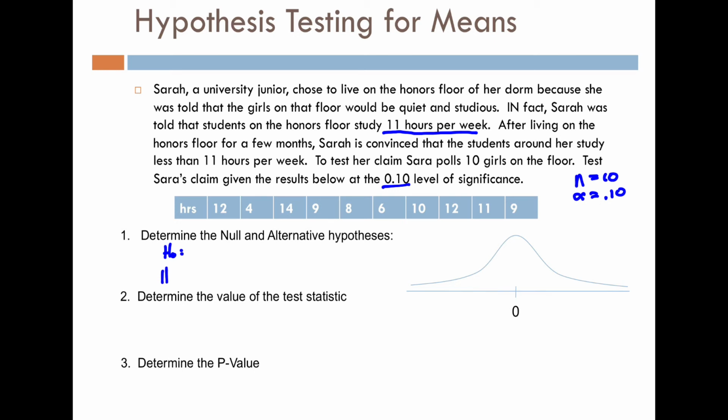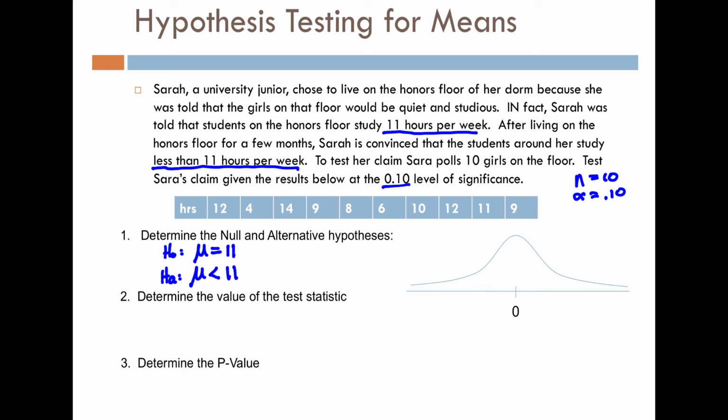Our null states that, again, if we just always stick with equals, all we have to do is identify the number that's being challenged. In this case, mu is equal to 11 hours, but she's convinced that they study less than 11 hours per week. So she wants to show it's going to be less than 11.